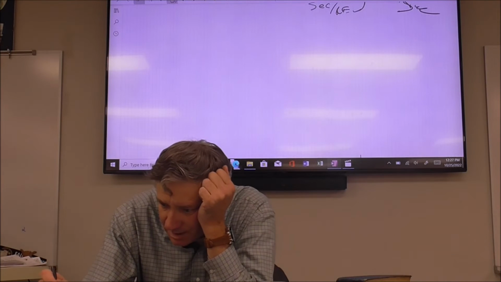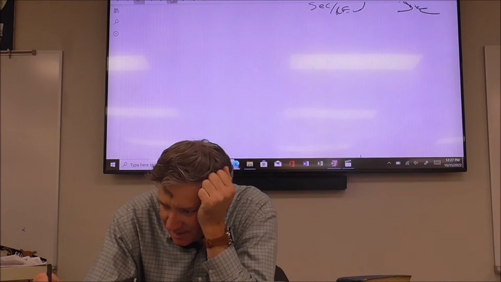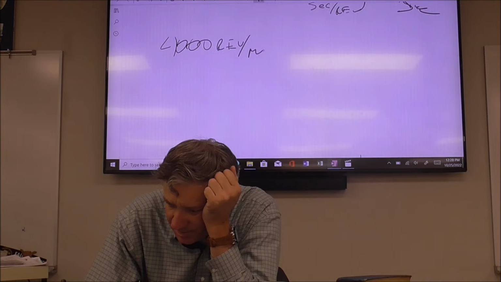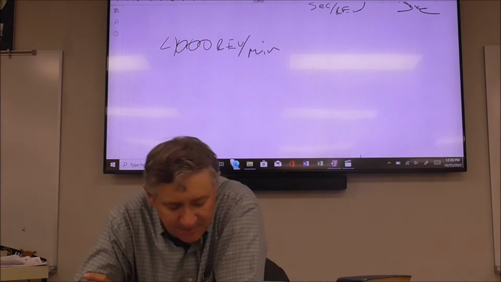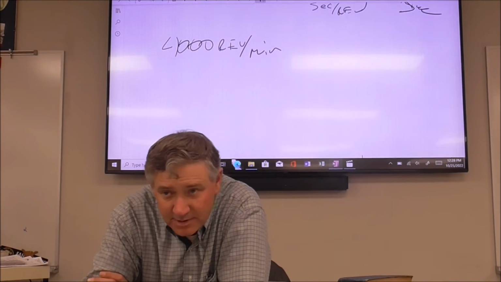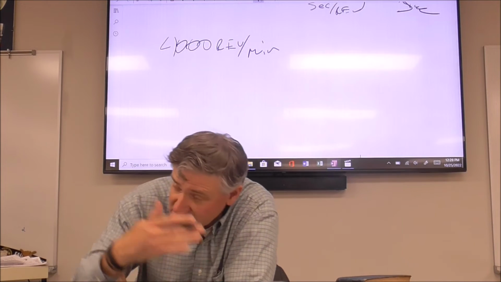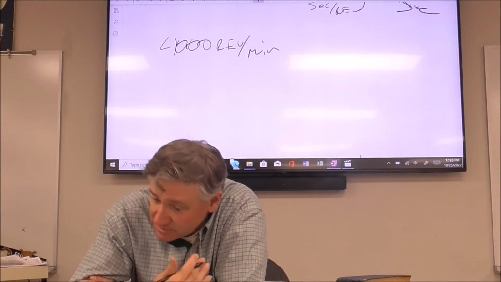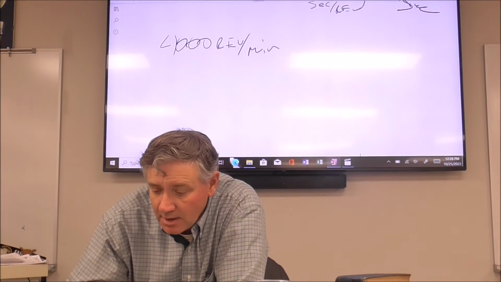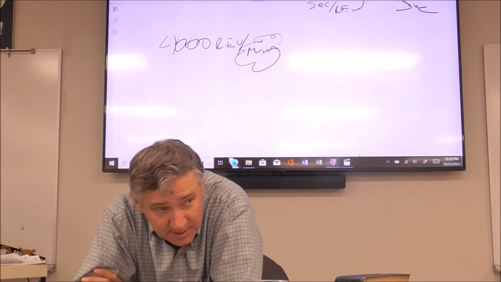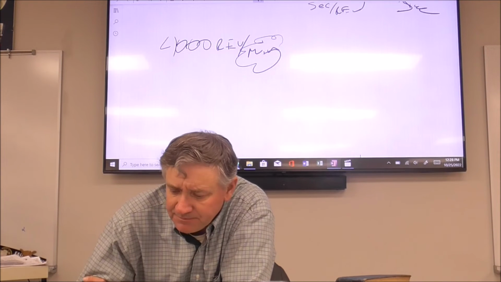All right, so let's go back to the idea that our centrifuge was spinning at 4,000 revolutions per minute. So let's start with this idea. Is that frequency or period? Frequency. Yeah, because it's an event per unit of time, right? It's revolutions per minute. So we can't deal in minutes, but what can we deal in? Seconds.